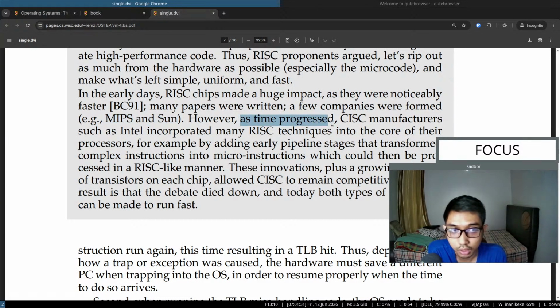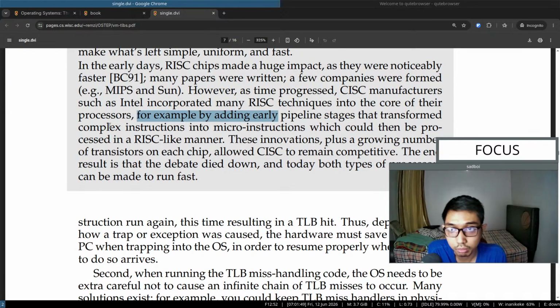However, as time progressed, CISC manufacturers such as Intel incorporated many RISC techniques into the core of their processors. For example, by adding early pipeline stages that transform complex instructions into micro-instructions, which could then be processed in a RISC-like manner.